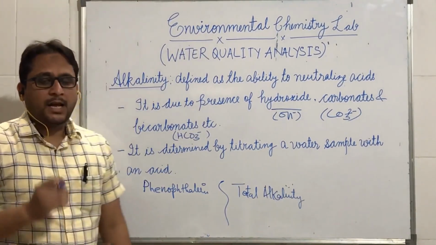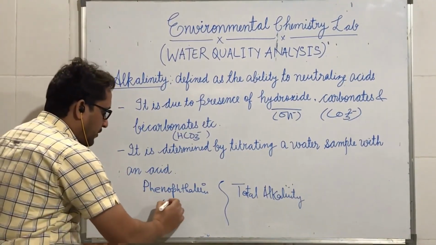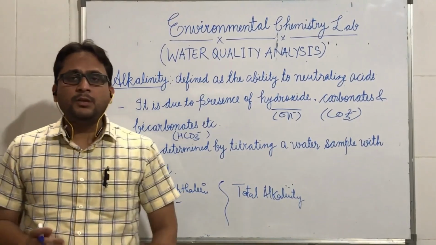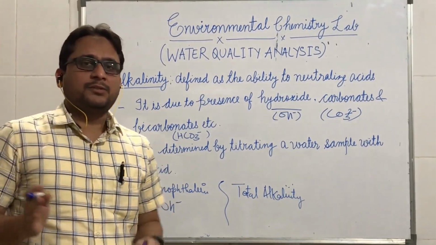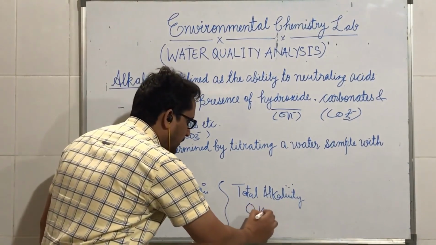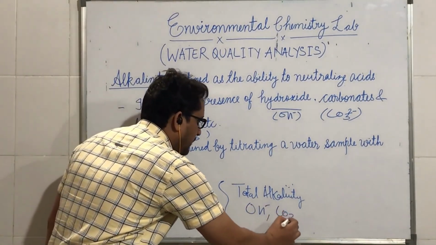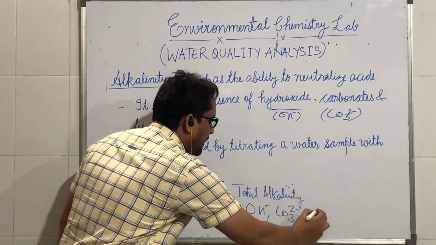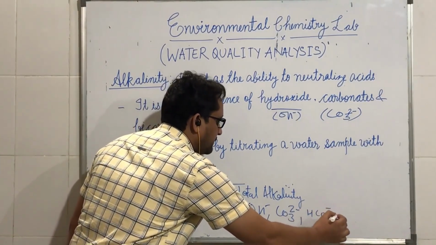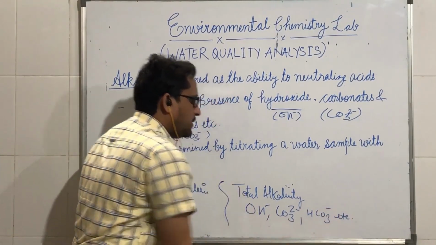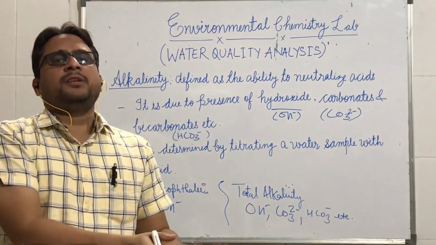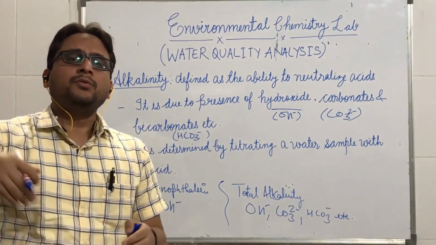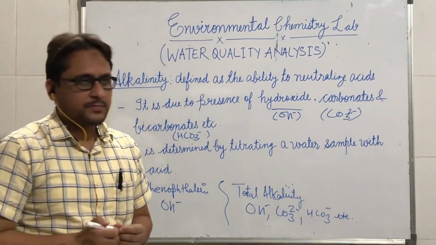While phenolphthalein alkalinity is due to the presence of hydroxyl ions, total alkalinity is due to the collective presence of hydroxyl, carbonate, as well as bicarbonate and other ions. So therefore total alkalinity comprises phenolphthalein alkalinity as well as alkalinity due to other types of ions.